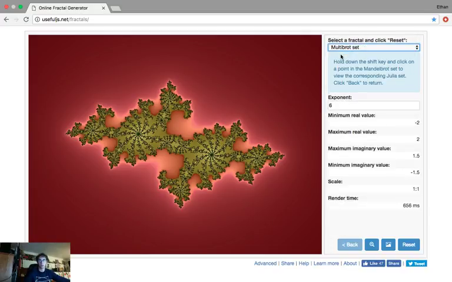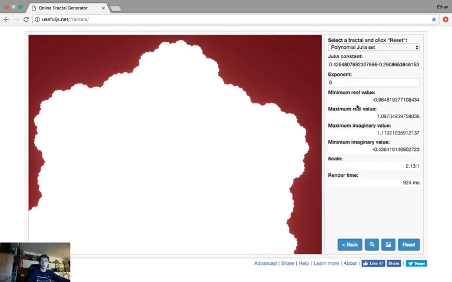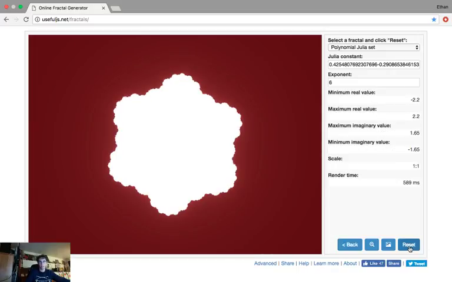Let's do a Mandelbrot set. And if we just hold shift and zoom, we can see different iterations and different magnifications of a fractal. And as you can see, it relies on real value maximum and minimum, imaginary number maximum and minimum, scale, and render time. So let's just reset it.